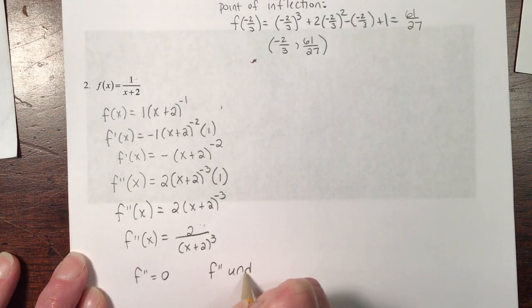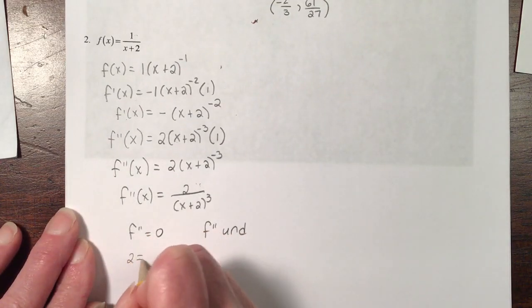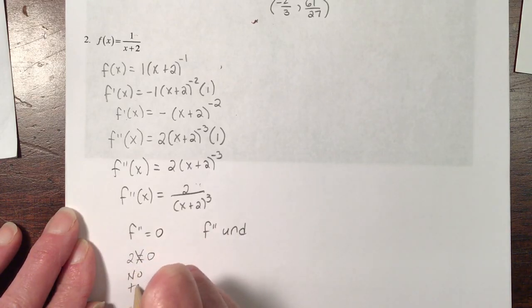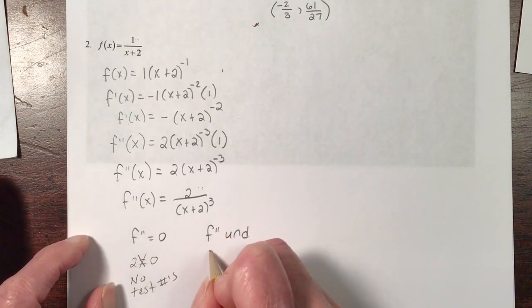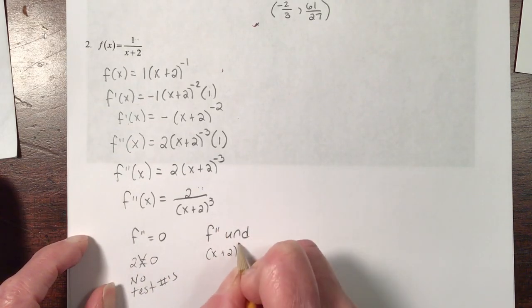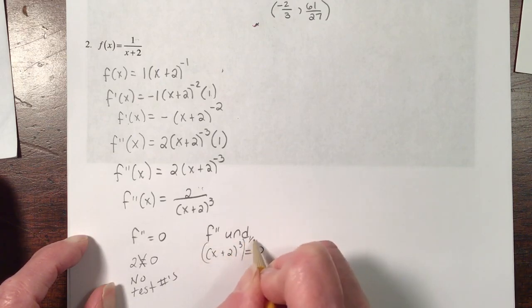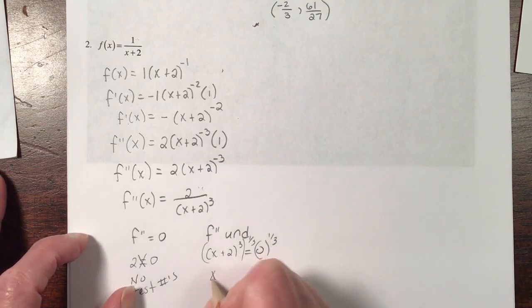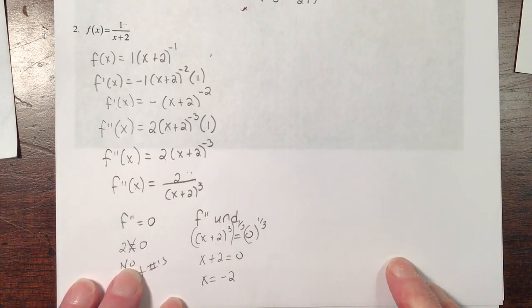Now, since my second derivative is a rational function, I need to look for where it's 0. I need to look for where it's undefined. Numerator equal to 0, that's never going to happen. Denominator equal to 0. Some of you can see this in your head, that's fine, but if you have to solve it, raise each side to the reciprocal power. X plus 2 equals 0, so it's going to be undefined when x equals -2.